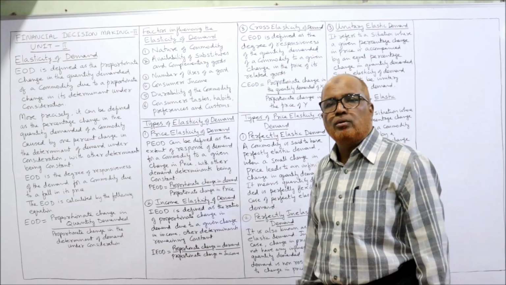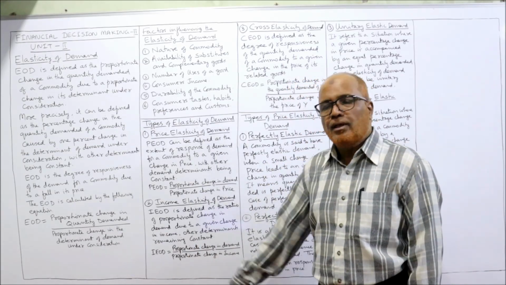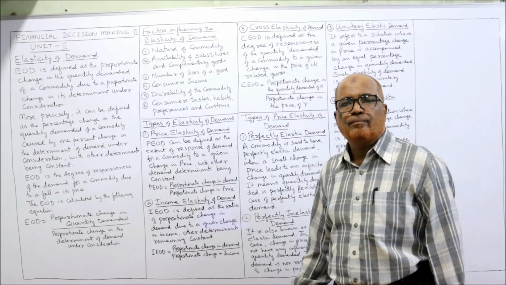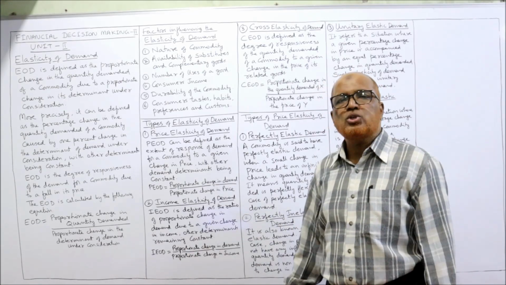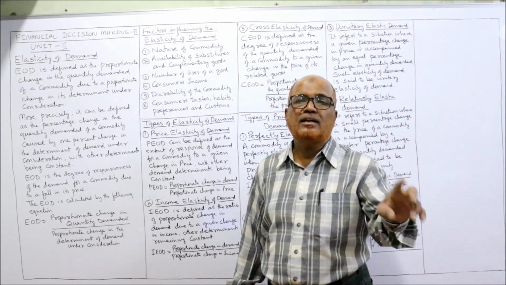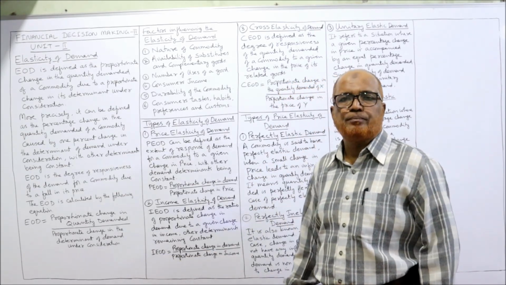Now, how to find out mathematically by formula the elasticity of demand? The formula of elasticity of demand is the proportionate change in the quantity demanded divided by the proportionate change in the determinant of that demand, the determinant under consideration.